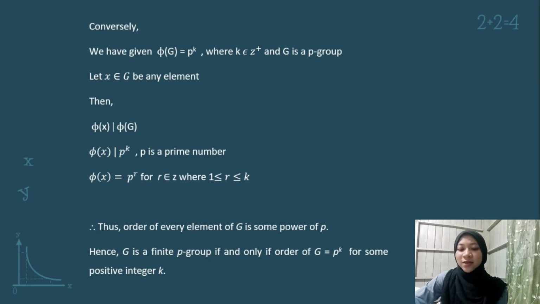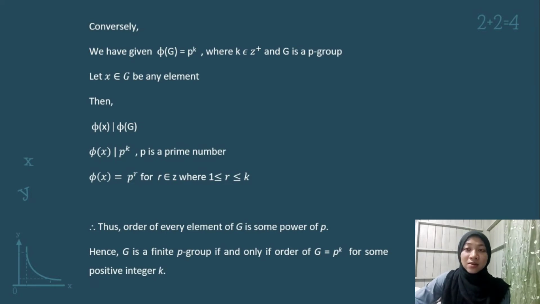Okay, conversely, we are given pi g is equal to p to the power of k, where k is a positive integer and g is a p group. So we let x be any element of g. Then we write pi x divided by pi g. We substitute that pi g is equal to p to the power of k.